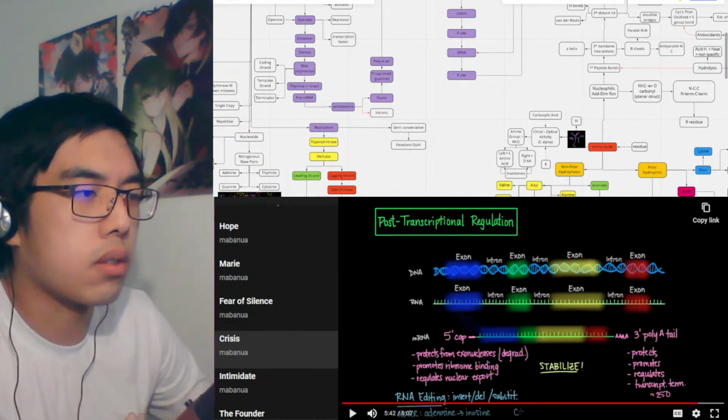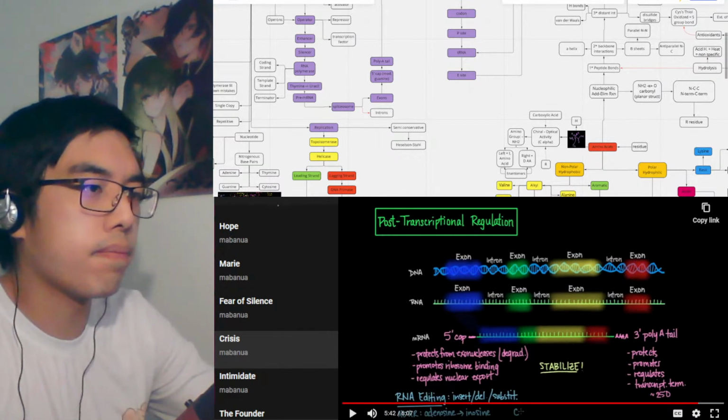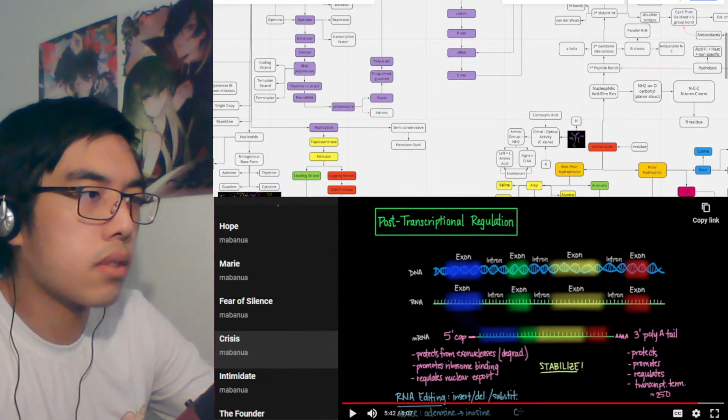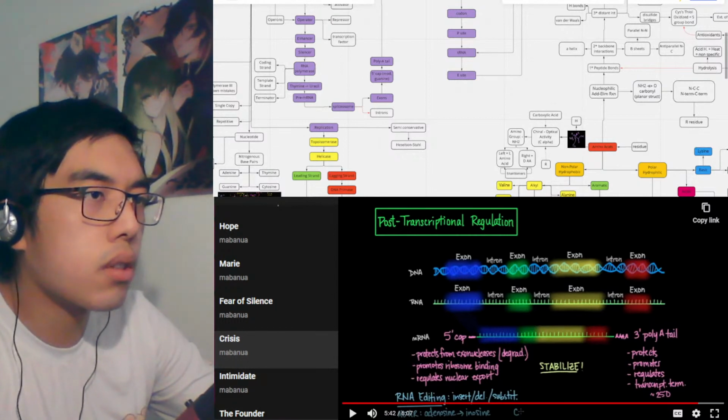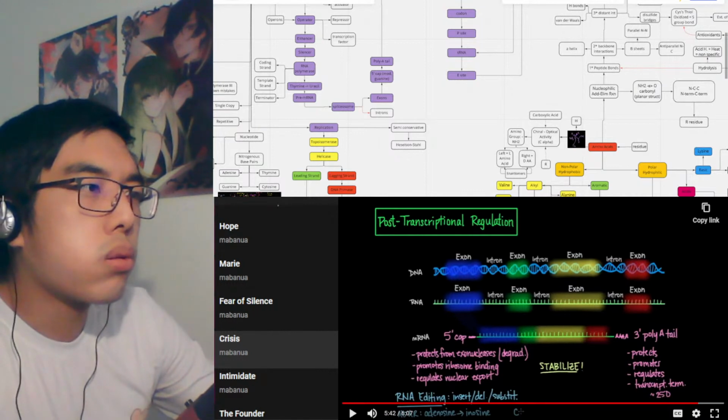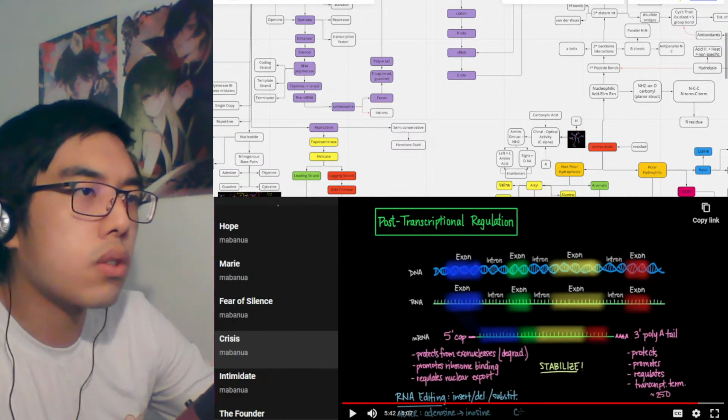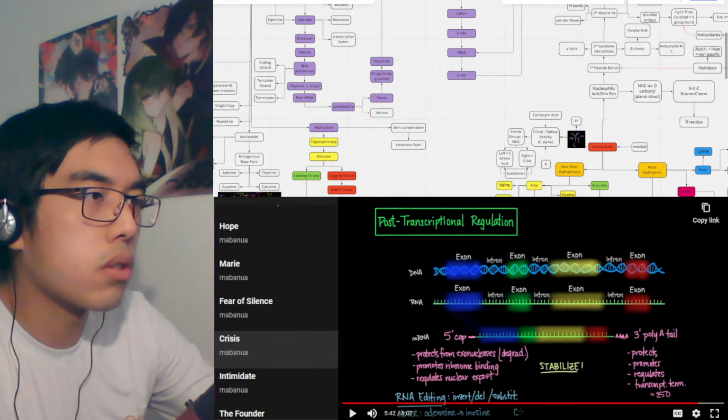Oh, okay. Okay, I see. Widespread post-transcriptional modification in transfer RNAs and messenger RNAs.